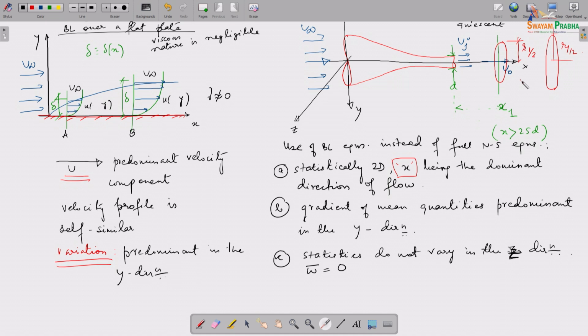That sort of definition is not required when you go beyond the jet half width, because the flow is quiescent there. So it is again similar behavior to the boundary layer. But it's interesting because in this case we are considering turbulence. Here we're looking at viscous nature.